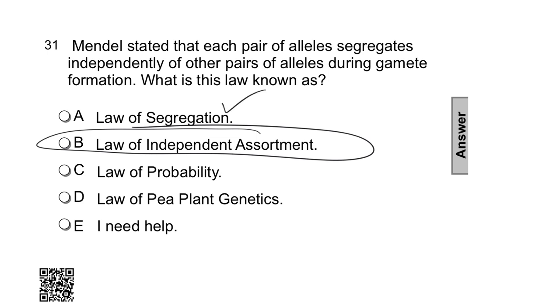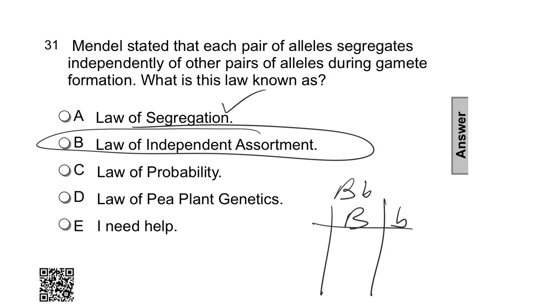The law of segregation just allows you to say that those alleles will be segregated or separated into the gametes individually.